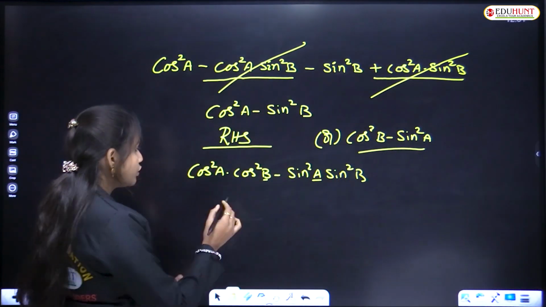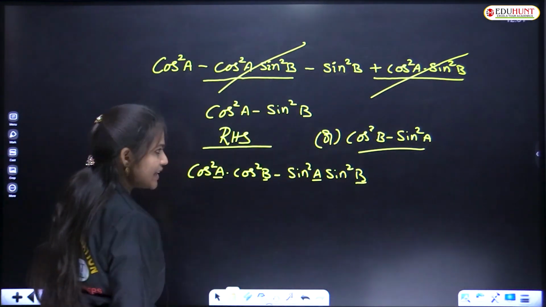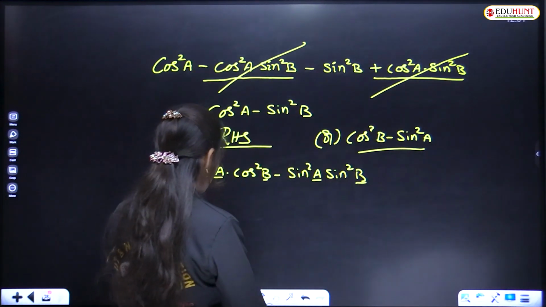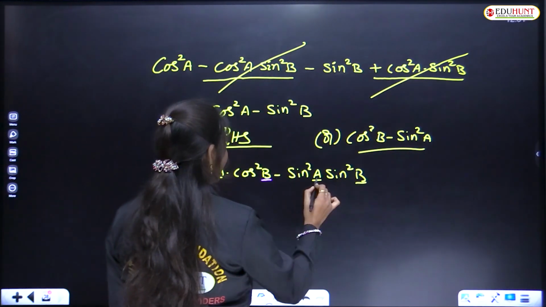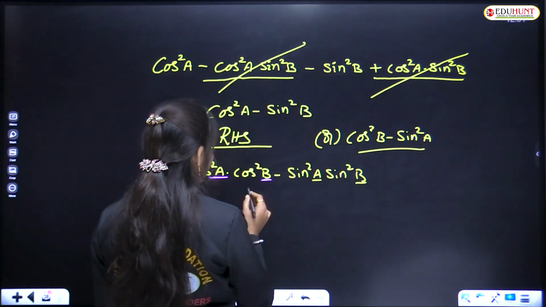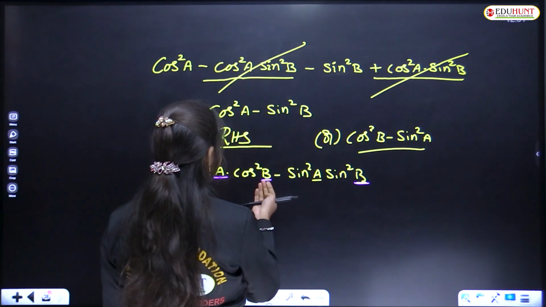Now I want to change the A term and here the B term. Clear? So see that. Here I want to change the A term and here I want to change the B term.